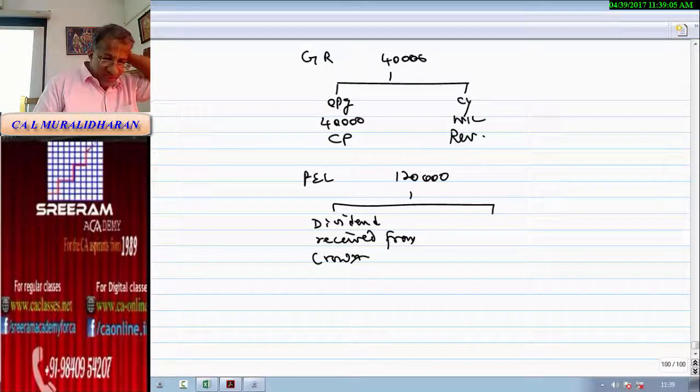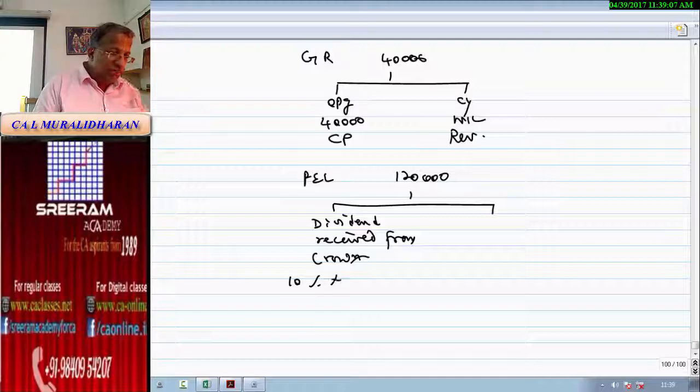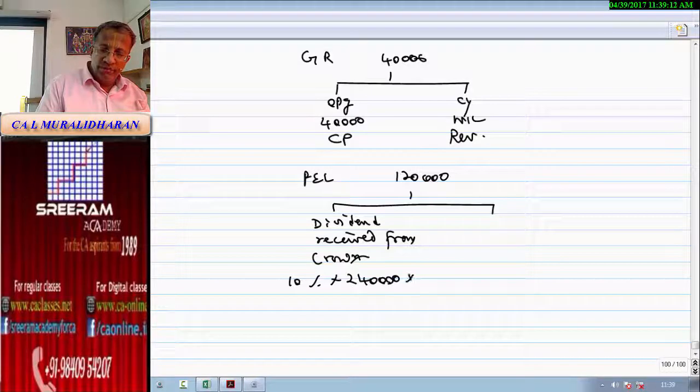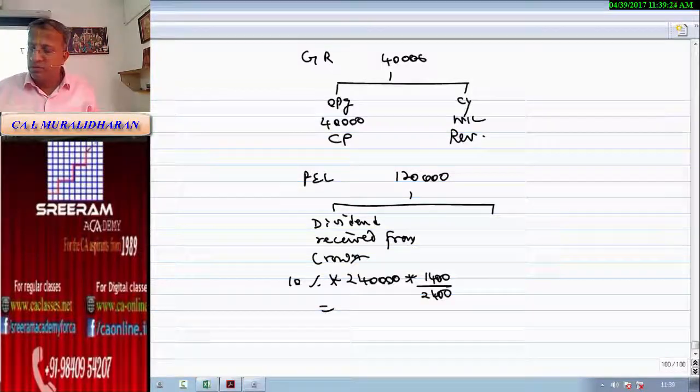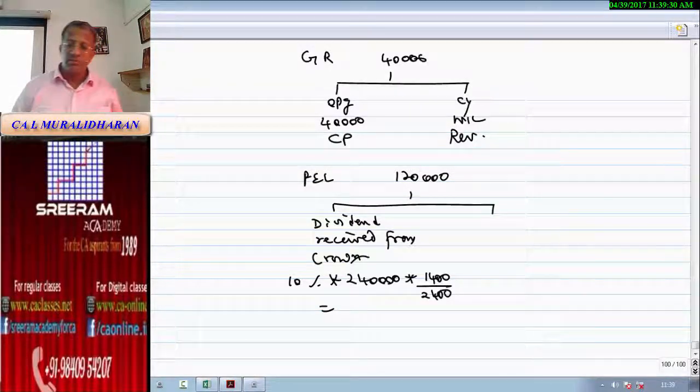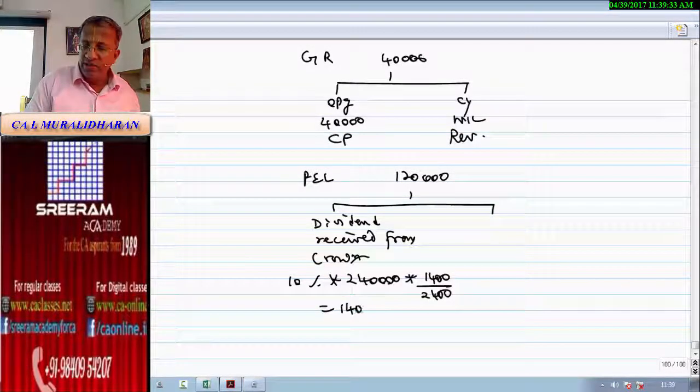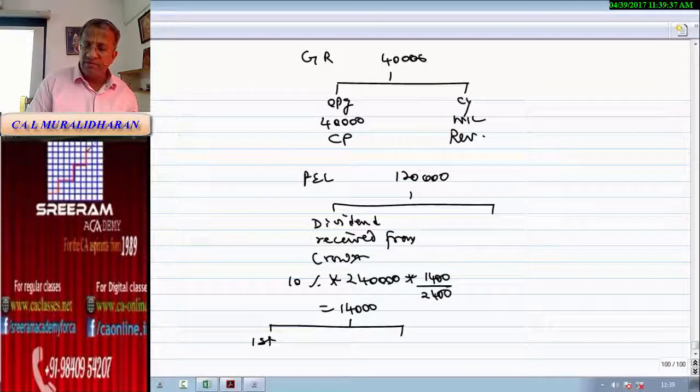How much is that? 10% into 2,40,000 into 1,400 upon 2,400. So 0.1 into 2,40,000 into 14 divided by 24. That comes to 14,000. This 14,000 we will take up as first half and second half.